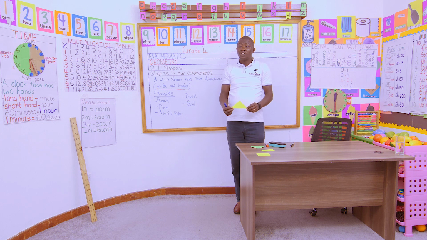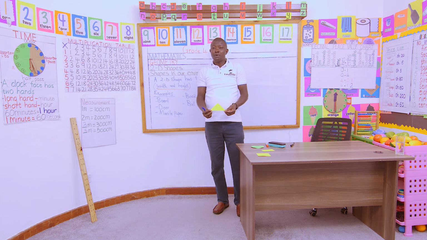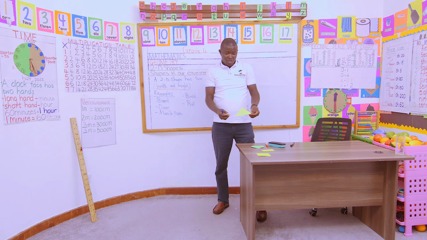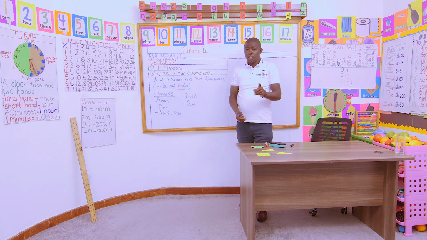When you go upcountry to visit your grandmama, we used to have the round houses which are thatched with grass. The roofing almost has this shape. So this shape is a triangle. We can trace and say the rooftop of that rounded house is almost of this shape. So that is also a 2D shape.